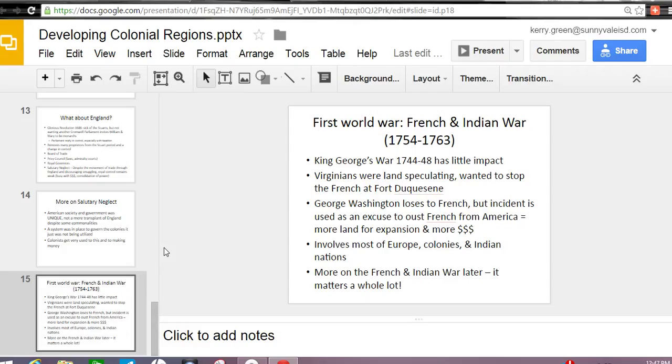And so you're going to have Virginians who are land speculating. They want to get at the French Fort Duquesne, which I'm probably mispronouncing. George Washington actually leads this fight, loses to the French, and this becomes kind of the triggering moment of the French and Indian War.